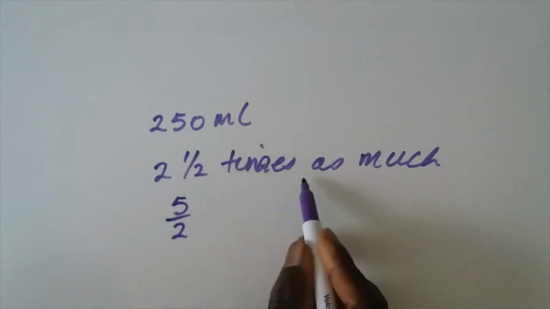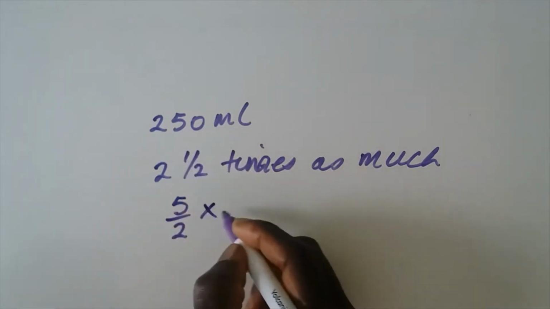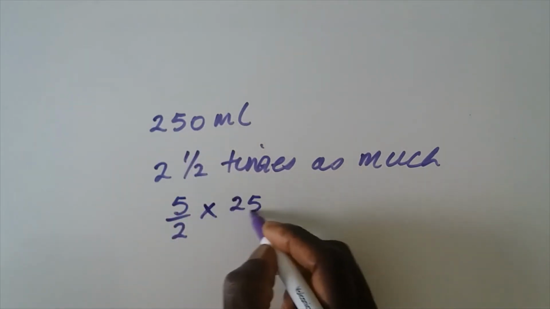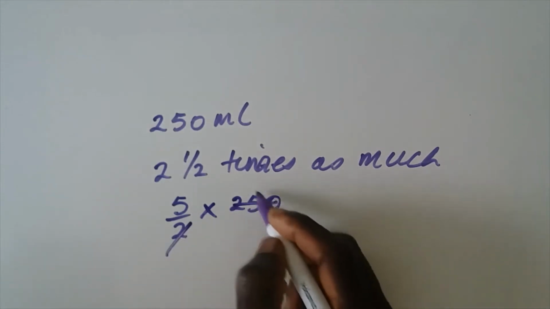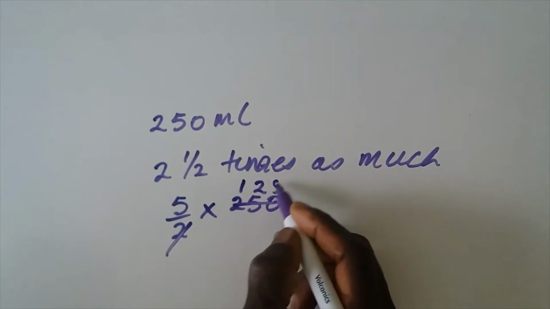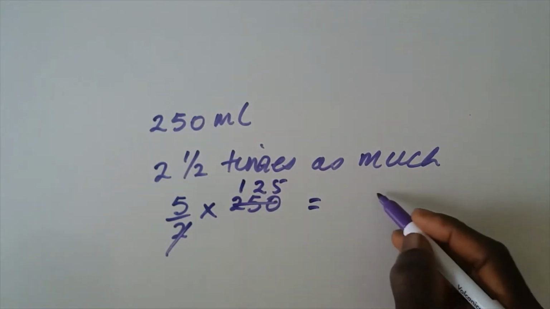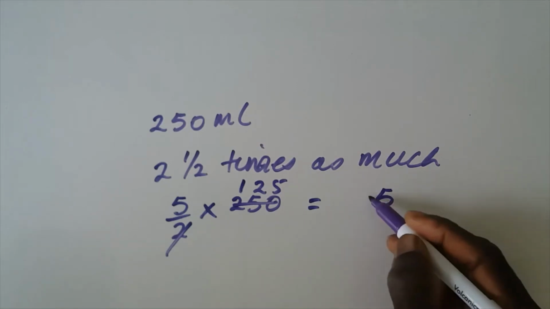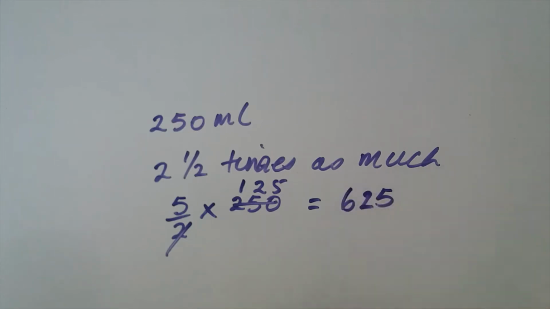5 over 2 times as much as 250, which means we multiply by 250. If we cancel across here, we have 125, and if we multiply 125 by 5, 5 5s are 25, 5 2s 10 and 2 is 12, 5 1s are 5 and 1 is 6.